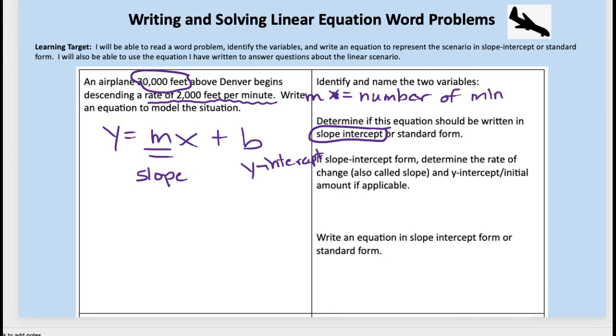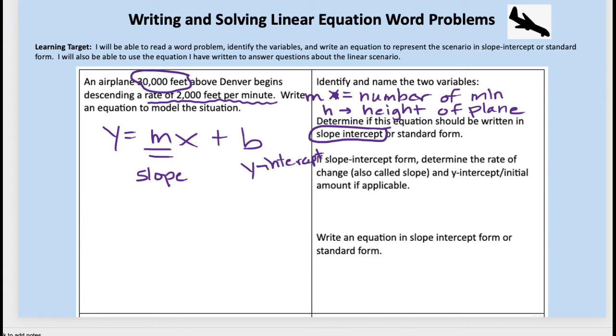And then I'm also going to be figuring out the height of the airplane. So I'm going to use the variable h, and h is going to stand for the height. It's sometimes called altitude of the plane. Okay.